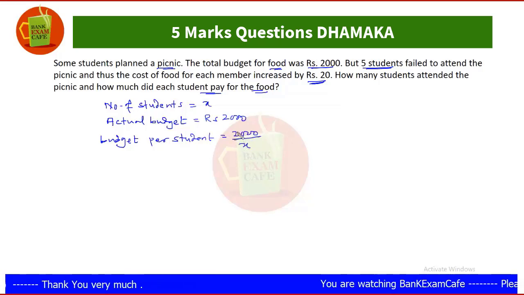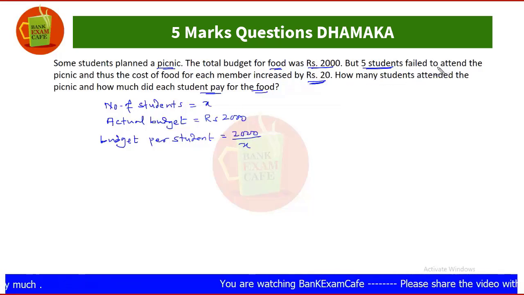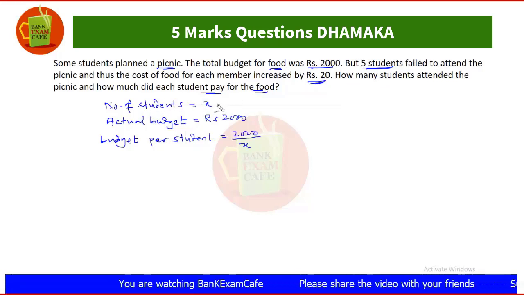But unfortunately 5 students could not attend the picnic, and therefore the number of students will be x minus 5.